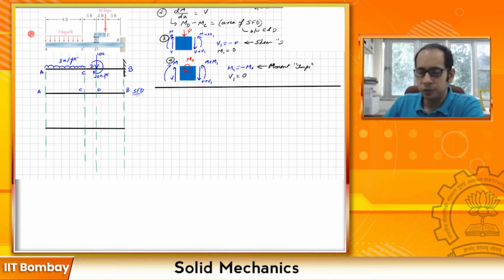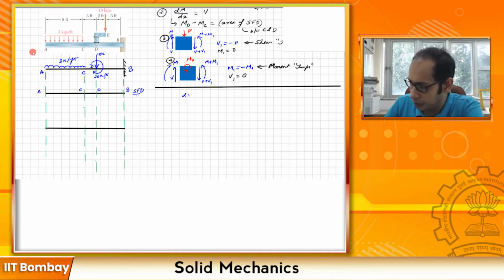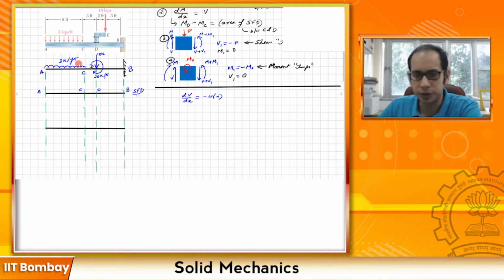From A to C, I have these 3 kip per foot. Let's write the relationship that we have: dV/dx equals minus w(x). Here it is a constant, so w(x) is degree 0.